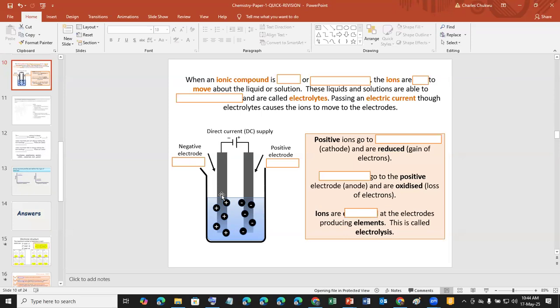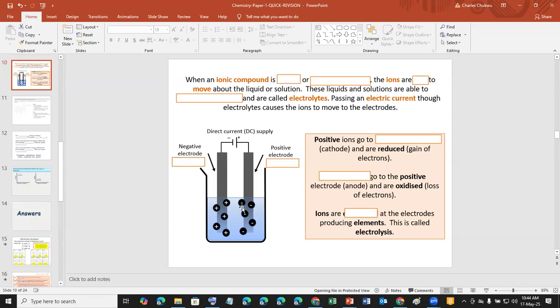Because of the potential difference, electrons will flow into the solution, and the sodium ions will now receive those electrons and become sodium atoms, right? Remember, they were missing one electron. So when they receive an electron, they will become atoms.